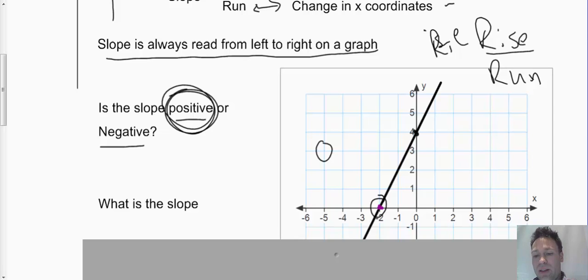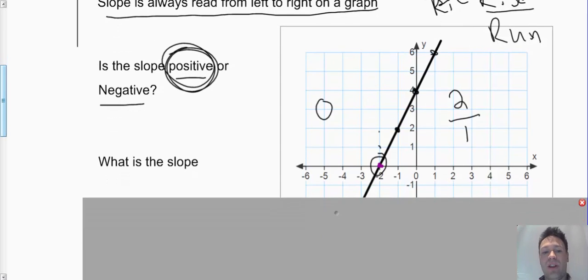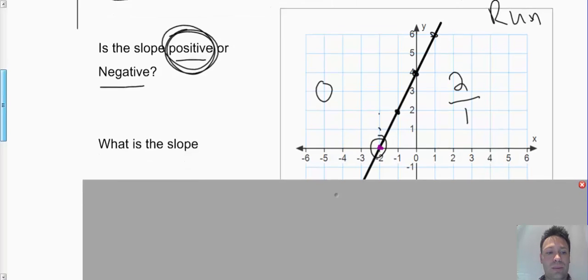So when does that line cross intersecting grid marks again? It crosses there and there. So what is my rise? How far do I go up? I go up 1, I go up 2. So I got 2 over, what's my run? 1. I go to the right 1. And as I go through that, 2 over 1, 2 over 1, that's consistent all the way across the line. So my slope is 2.